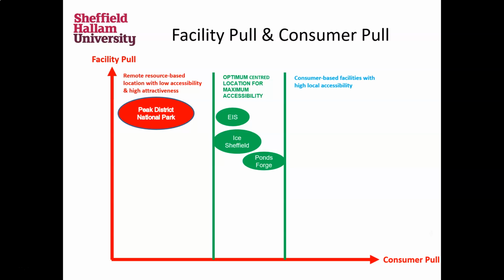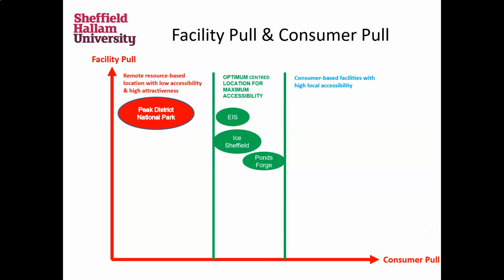In the middle, we've got larger regional or nationally significant facilities. So we've got the English Institute of Sport, which is, as the name suggests, a nationally significant facility. But it's built close to the M1 motorway, so its location means it's easy to get to for people travelling from out of Sheffield.